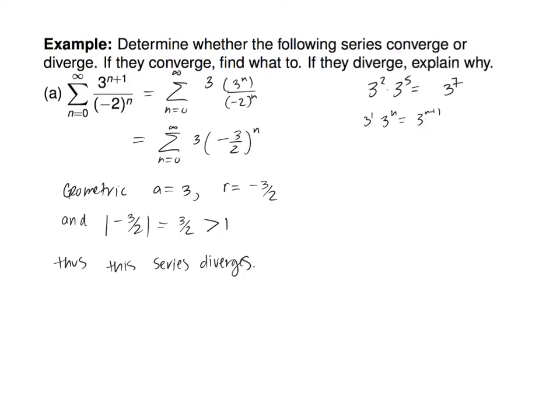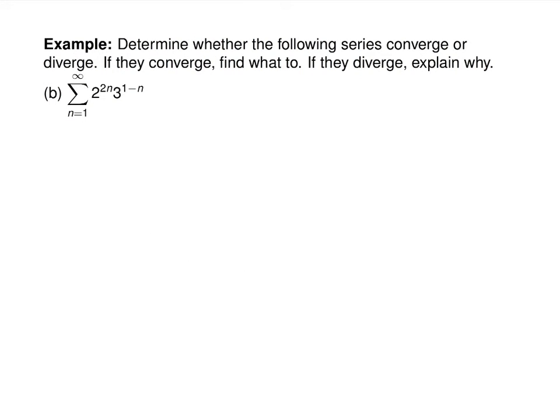The next one's evil for many reasons, right? So let's worry about the n equals 1 to infinity thing in a second. Let's deal with the whole fact that I have powers to powers. So first of all, do you agree with this part, that 2 to the 2n is the same thing as 4 to the n?